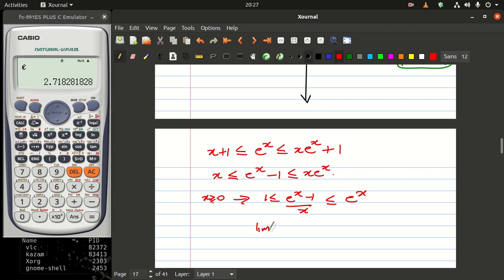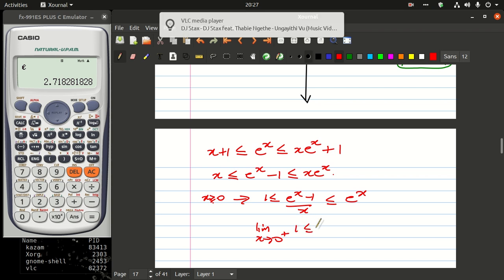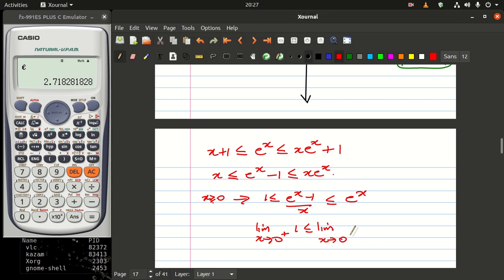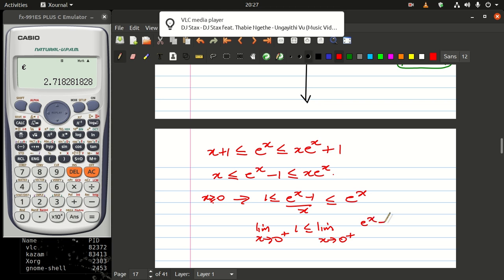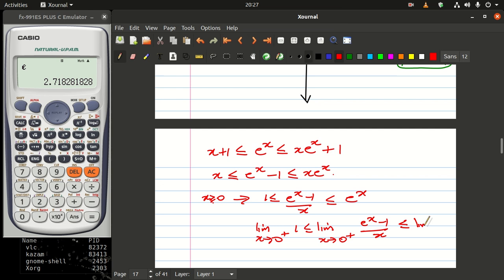And when I'm taking the limit as x approaches 0, greater or equal to 0 means we're on the right hand side of 0. 1 must be less than or equal to the limit as x approaches 0 on the right of e to the power x minus 1 over x, and this must be less than or equal to the limit as x approaches 0 on the right of e to the power x.